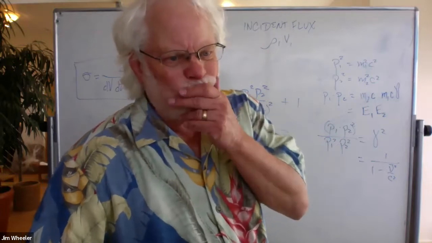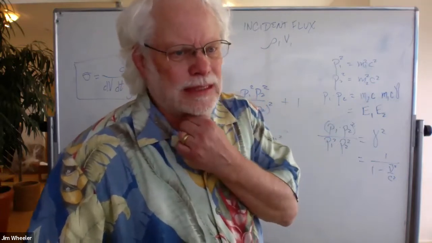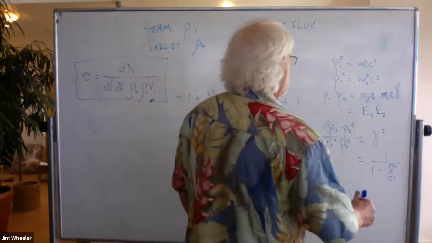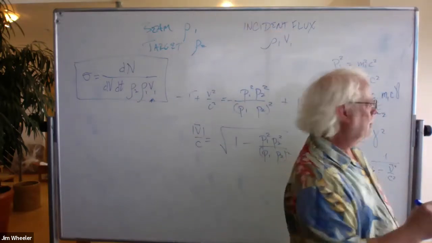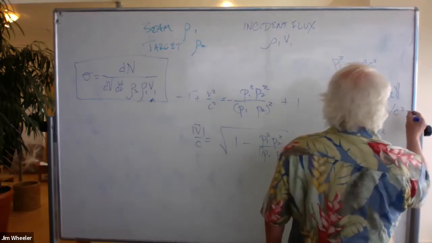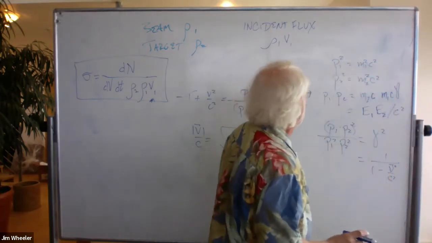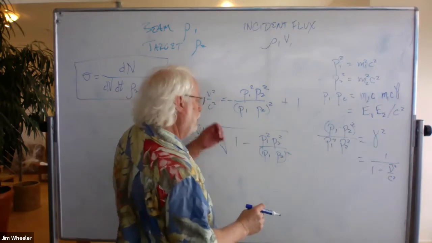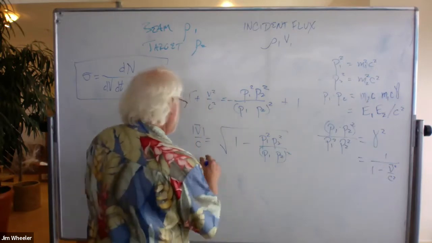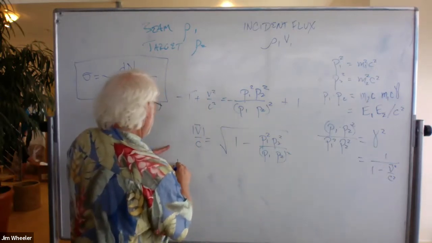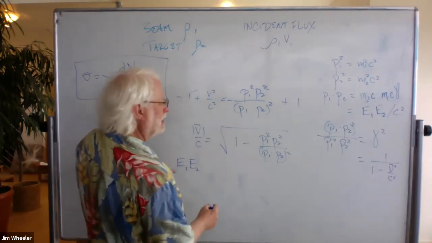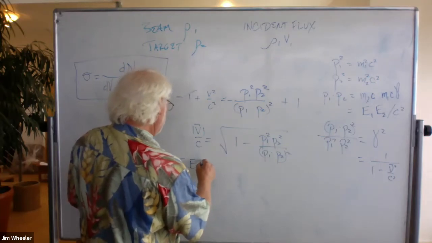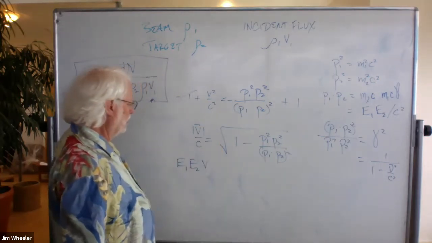So now, let's see. Well, over c squared. I'll keep the c's for the moment. Okay, so if I multiply this side by E1 E2, and then we have the magnitude v that we're after.